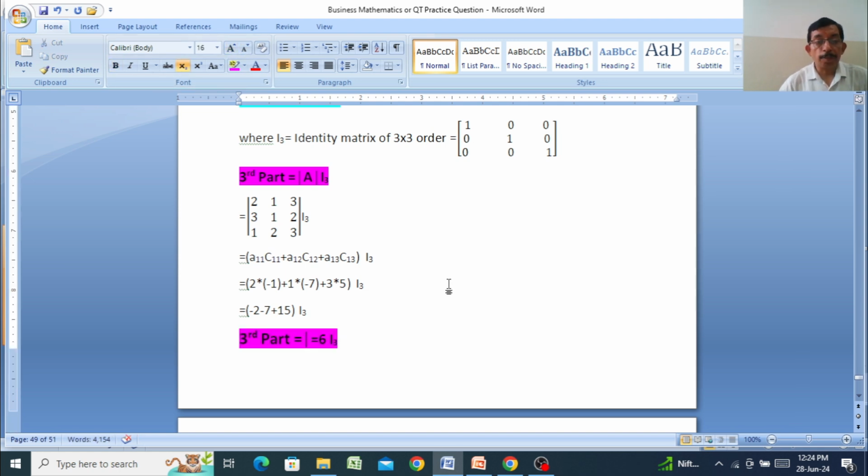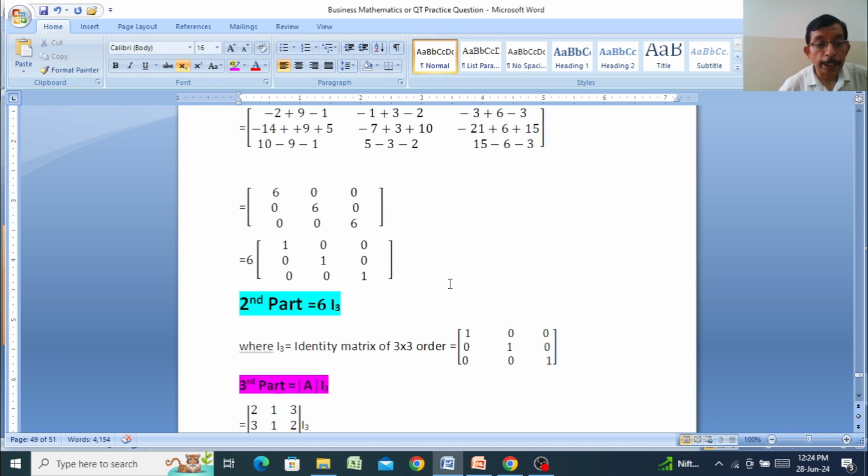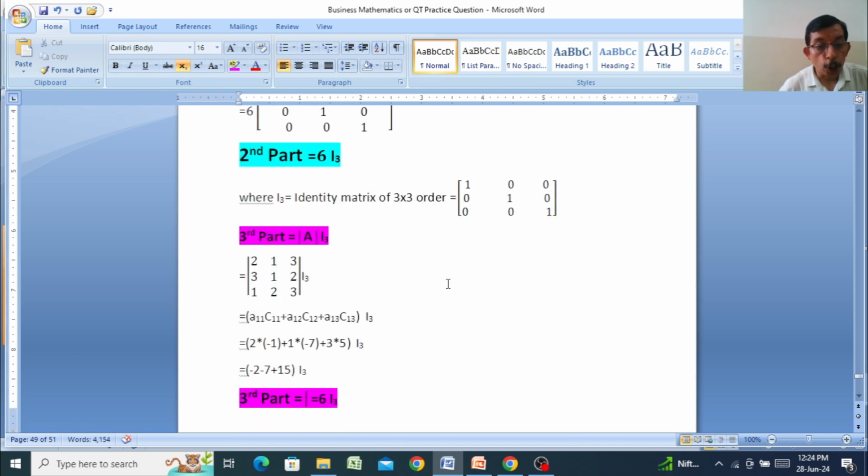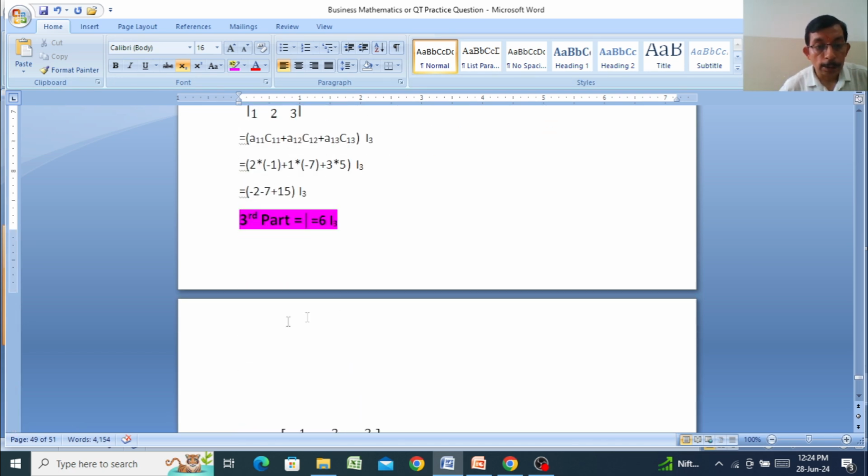Now the first part, second part and third part, all of them are equal.